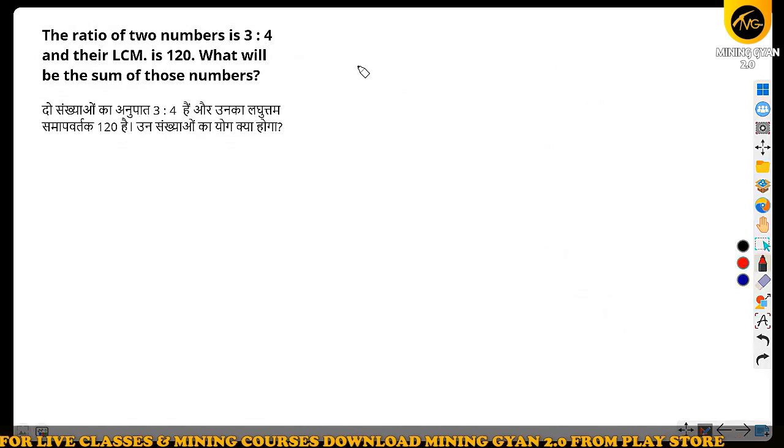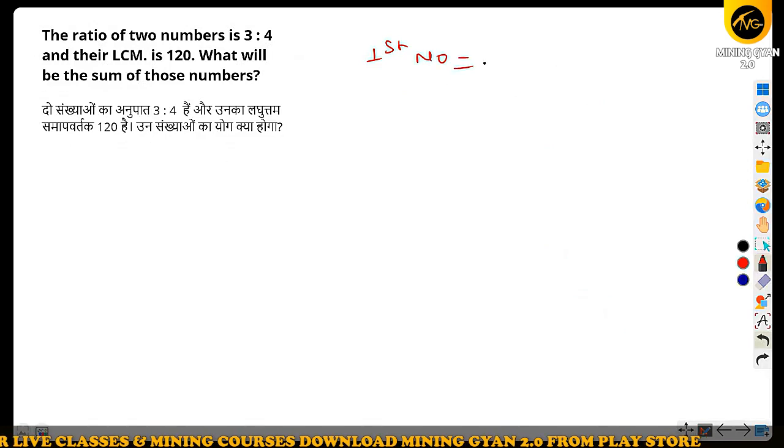Now in this case, the formula is, what were we doing? Multiplication. Multiplication of the HCF with the first and second ratio number. Now this time, if the question gives the LCM, then we have to divide the LCM by the ratio numbers.